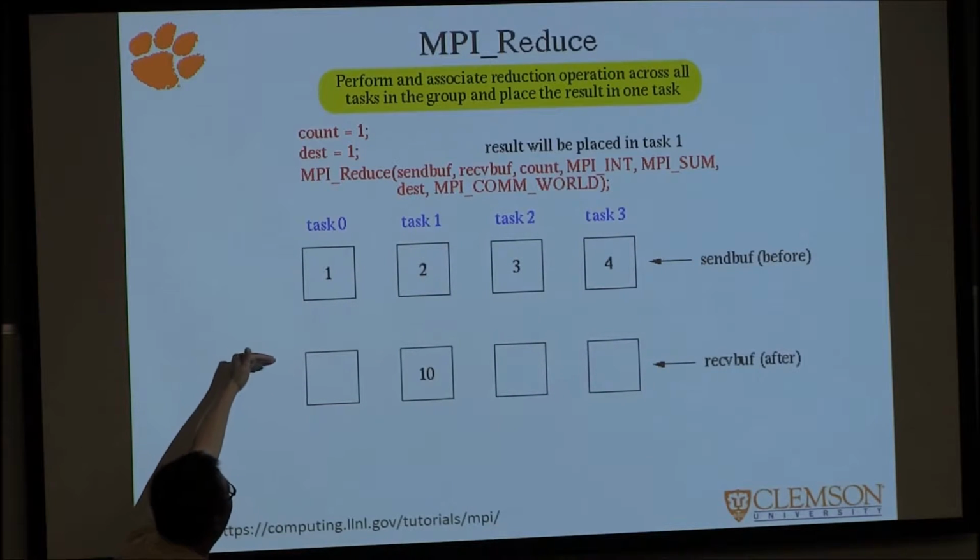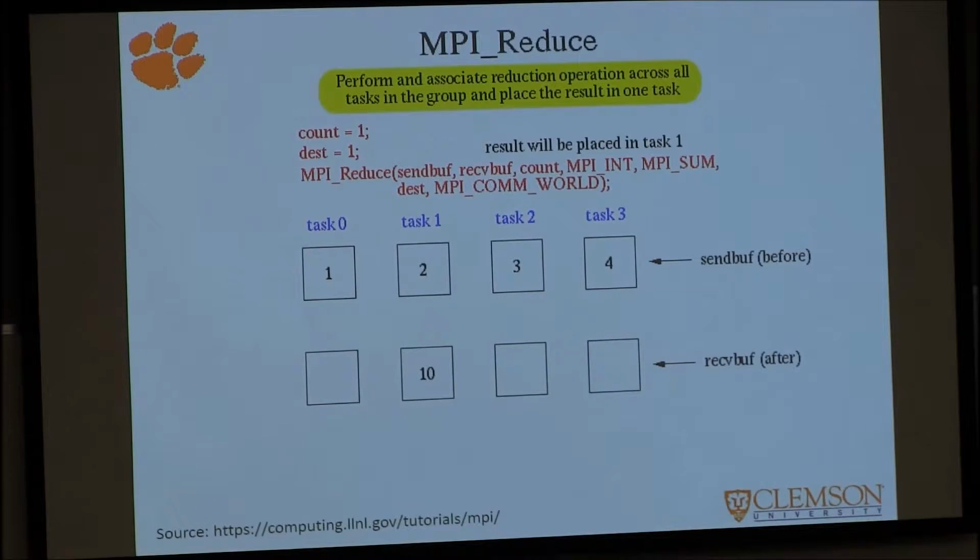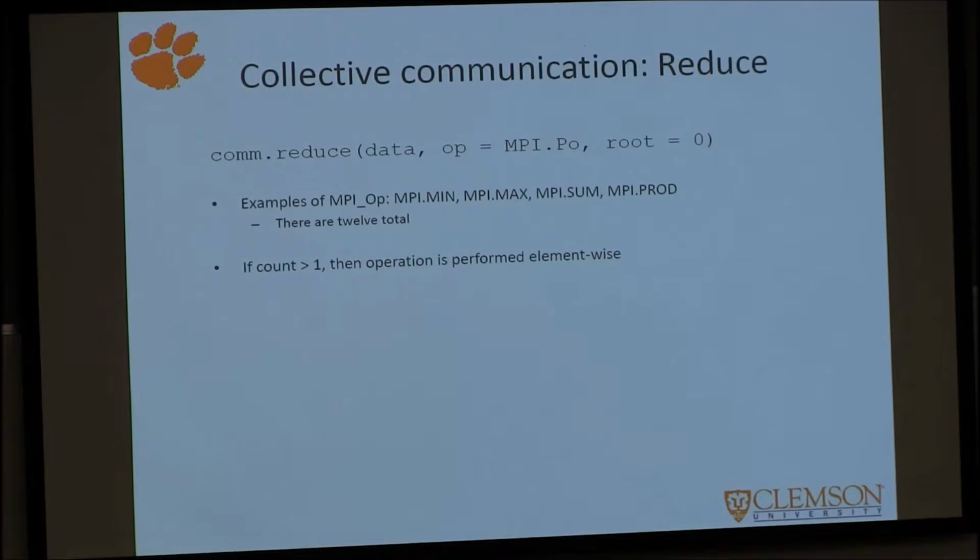The MPI reduce code for C is a little bit different because it has the send buffer and receive buffer. I believe the MPI reduce for Python is you set the final value equal to some variable.